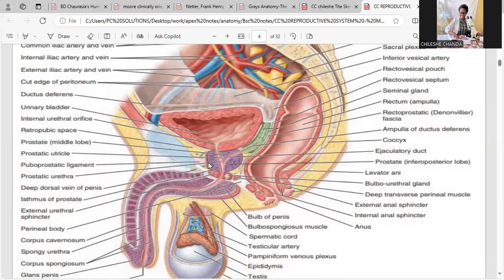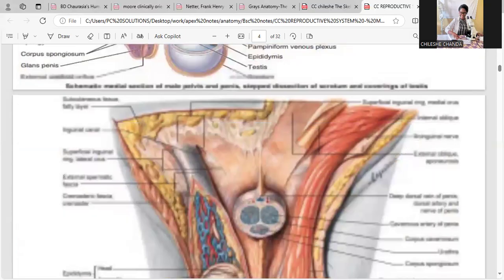And then at some point, the urethra is joined by the vas deferens, which is coming all the way from the testis over here. Okay, so if you look at this, we have this tube coming all the way and coming to join the urethra over here. And that is how the male reproductive system is made.